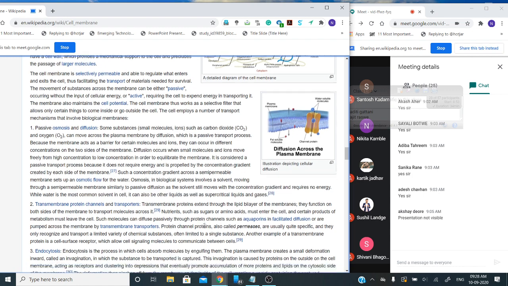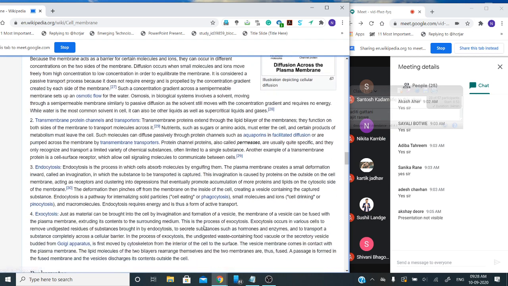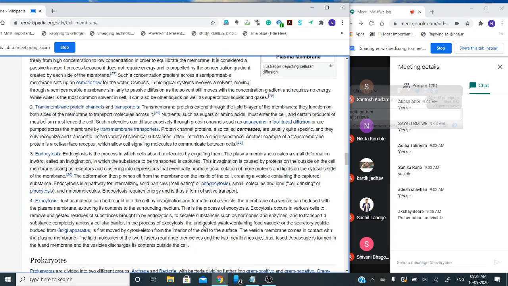We will not go again into the various transport mechanisms like osmosis, diffusion, etc. Then transmembrane protein channels are there, which play an important role.